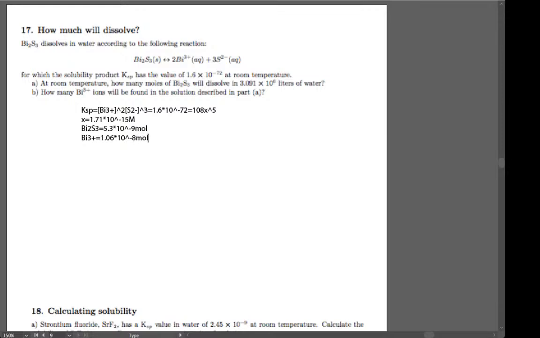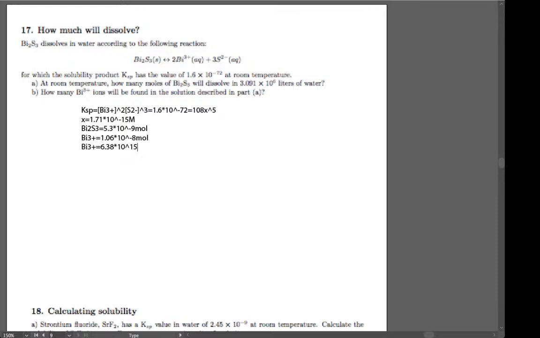But the question is how many, so you can just multiply by the mole, which is 6.02 times 10 to the power of 23. This would mean the amount of Bi3 plus would equal 6.38 times 10 to the power of 15.